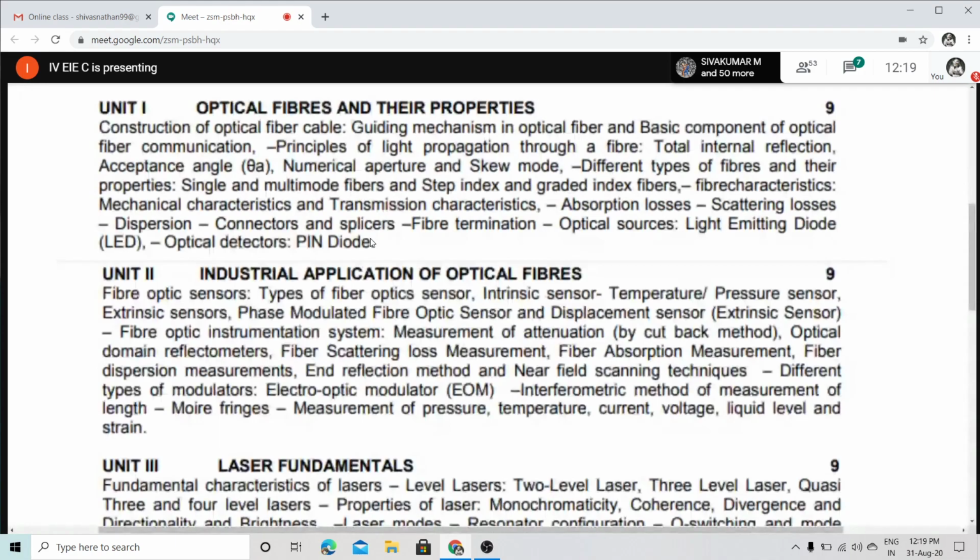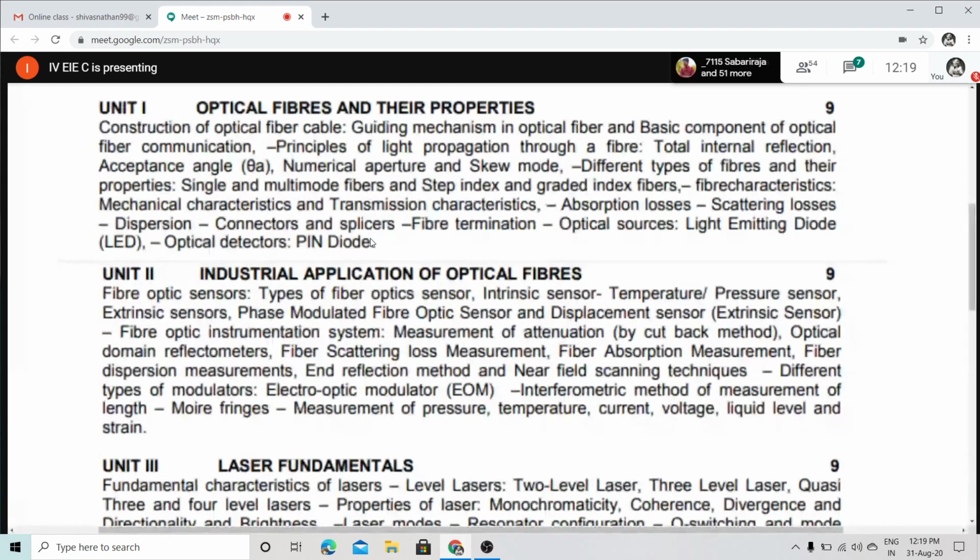That is what you are going to understand from unit number 2. So when you look at the topic it has been framed for, the first topic is nothing but the types of fiber optic sensors. Okay, take it down. We are going to discuss unit number 2, industrial application of optical fibers.